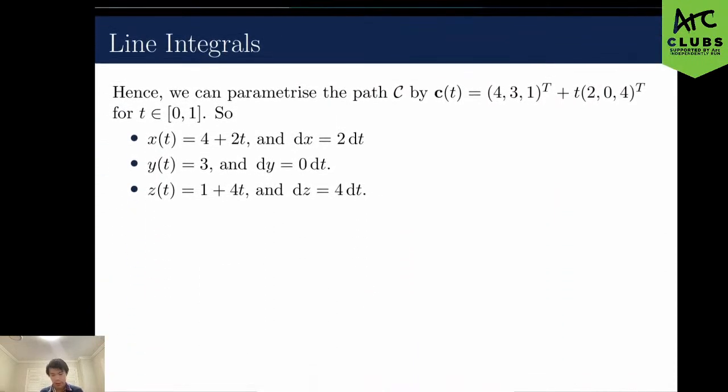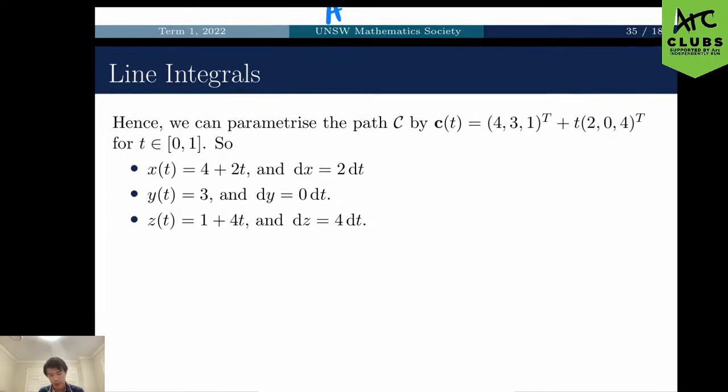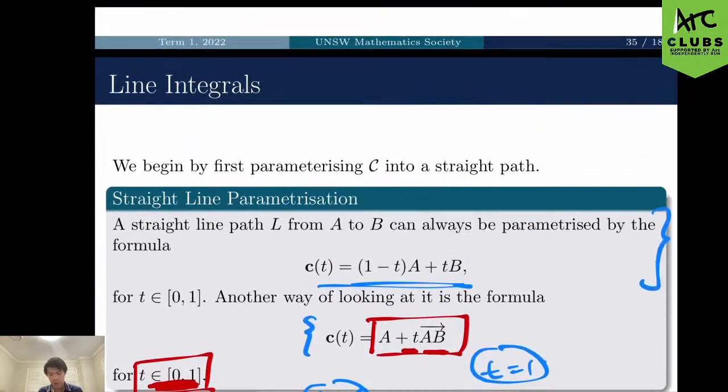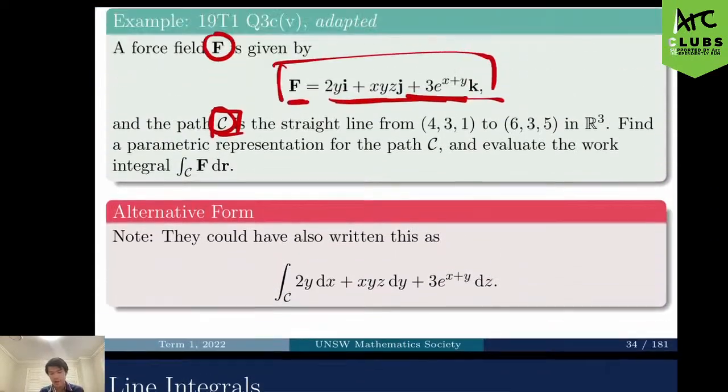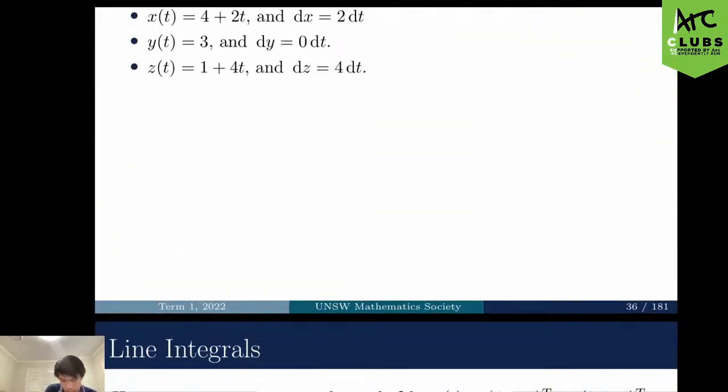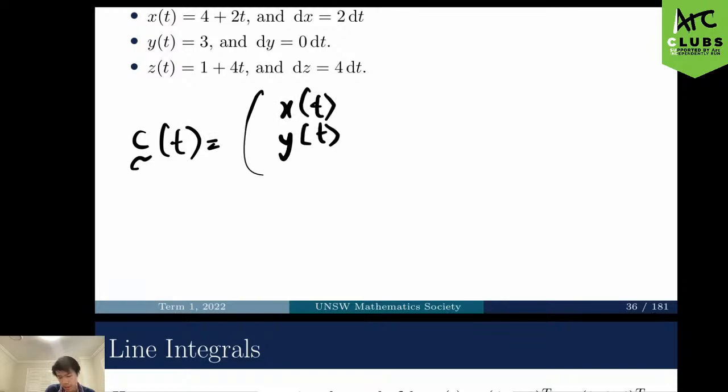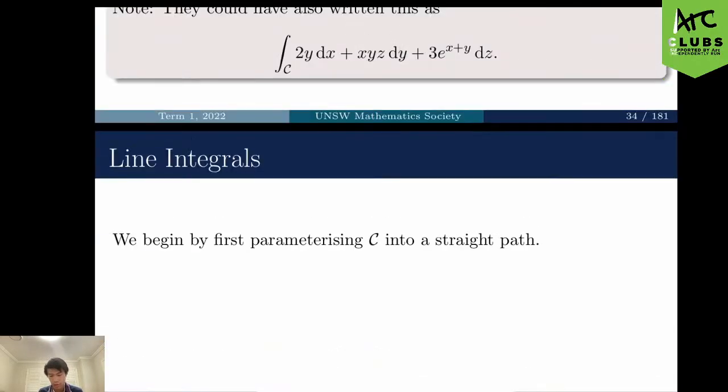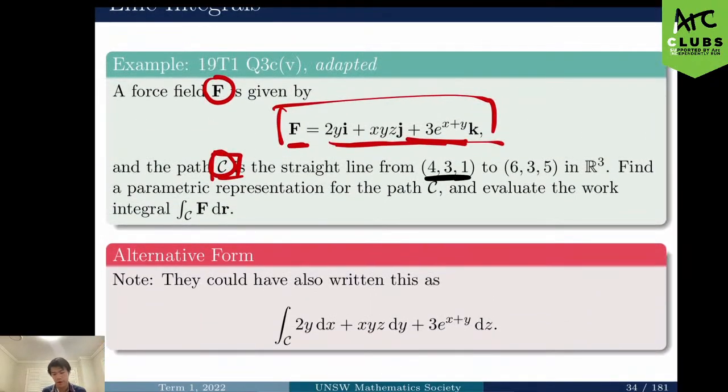Okay, so before we actually look at this, let's just think about what we should do. Basically, we need C(t) equals (x(t), y(t), z(t)). As I just said, we're doing the straight line from one point to another, from (4, 3, 1) to (6, 3, 5).